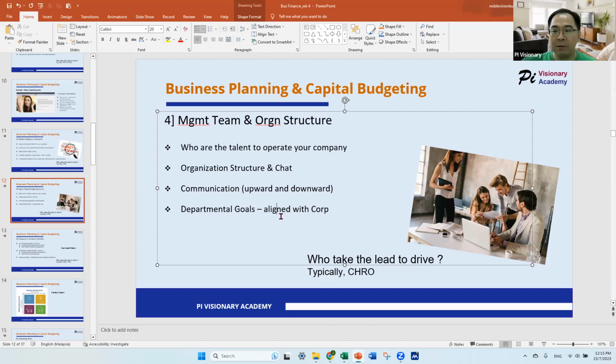Then when you receive this target from the CEO, you need to sit down and do an evaluation on behalf of your department. Is this realistic? This year I achieved 500,000, so how can I achieve 1.5 million next year? If this is not realistic, then I suggest you practice upward communication.